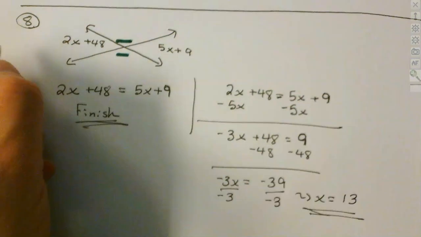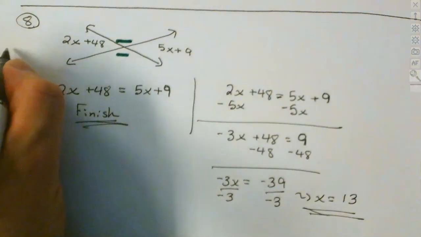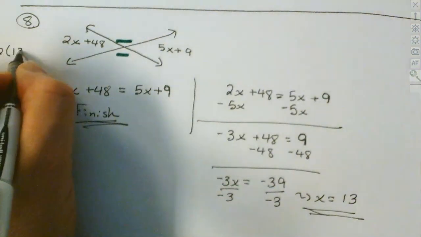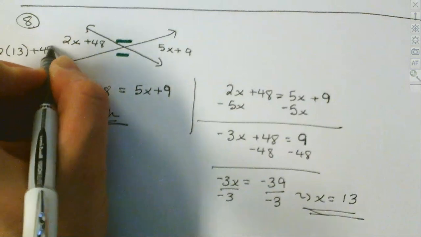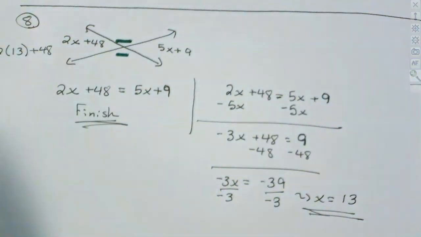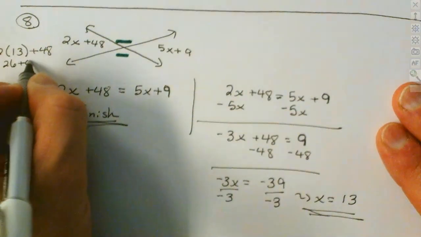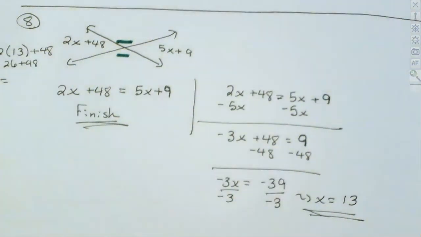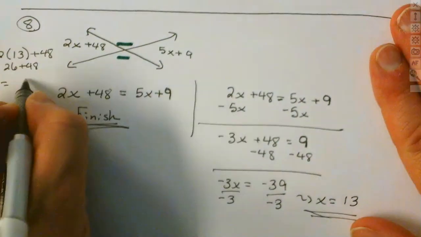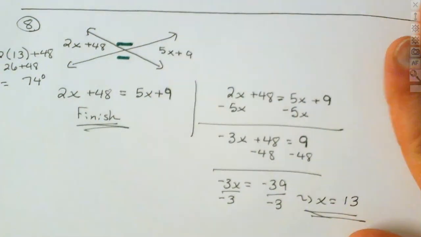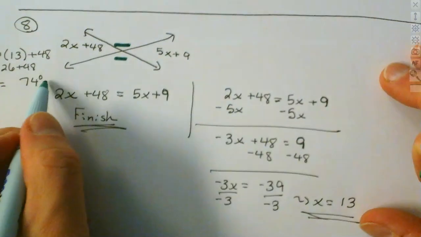Now, what do I do with that 13? Plug it in. The sides had better be the same, so let's check. 2 times that 13 plus 48. 2 times 13 is 26, plus your 48. Those go together, and that gives you 74 degrees. So there's that half. Now, what about the other side?